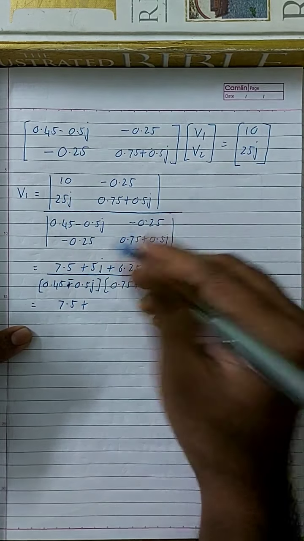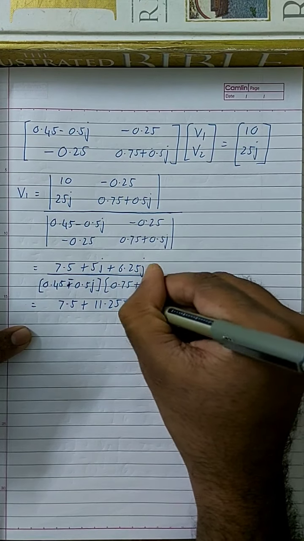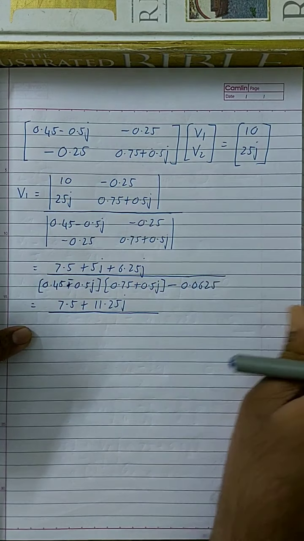So now, let me see, what is the numerator? 7.5 plus 5 plus 6, 11.25j. By, now let me see the denominator.